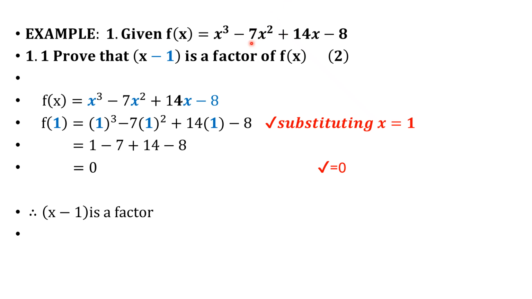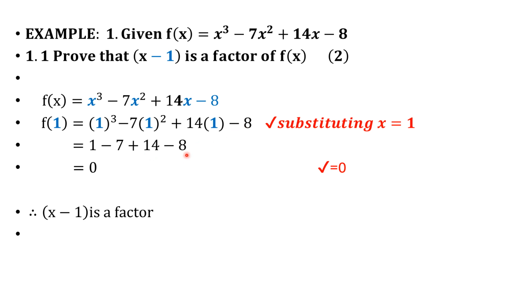Number one, as I said, golden rule, we change the sign. So minus 1 becomes plus 1. Wherever I see x, I'm going to substitute 1. That becomes 1 cubed minus 7 times 1 squared plus 14 times 1 minus 8. 1 cubed is 1. 1 squared is 1, times negative 7 stays negative 7. 14 times 1 gives me 14, minus 8.